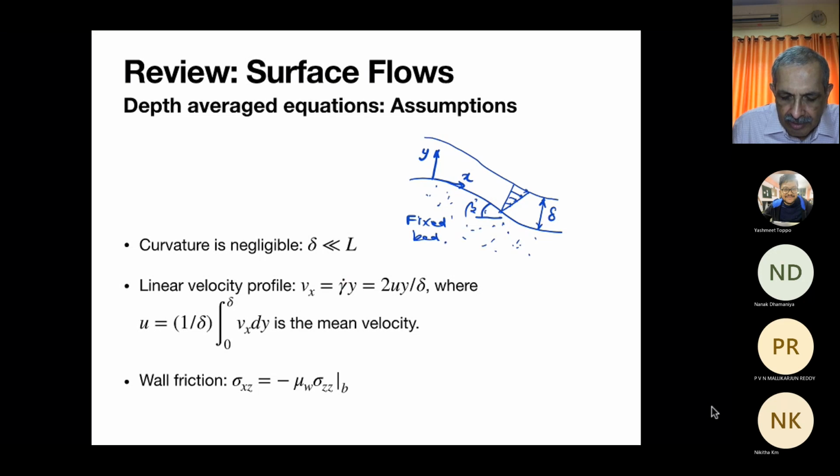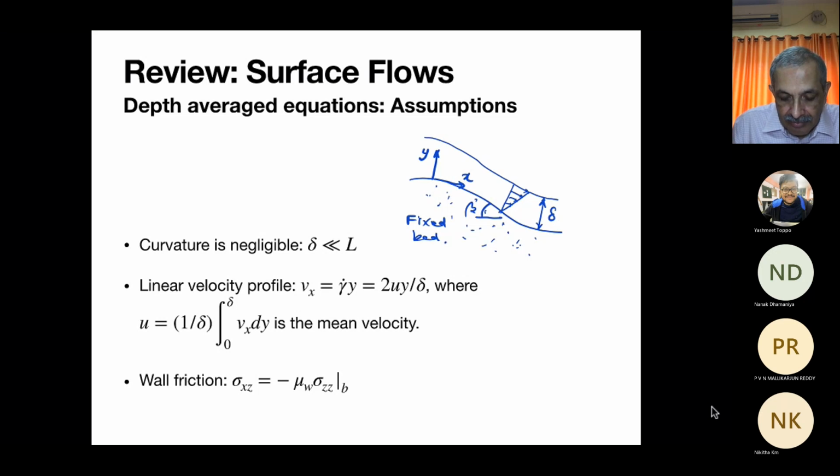So it's the shear rate times the distance y from the interface. So you have a linear velocity profile. This is a good approximation, again based on experimental studies. In many places you actually have a linear profile when you have this kind of flow.